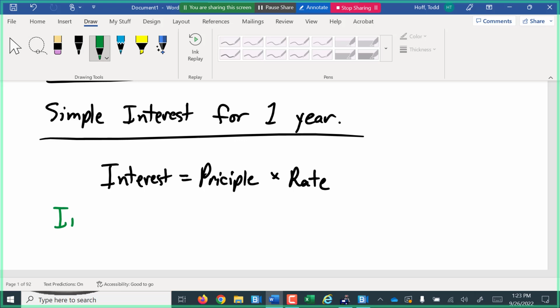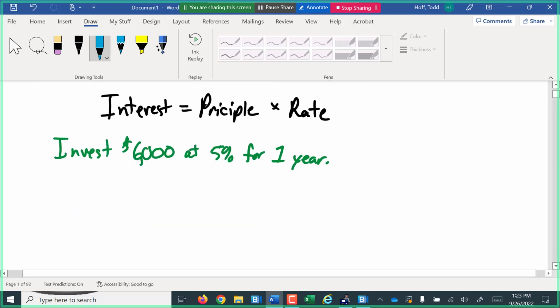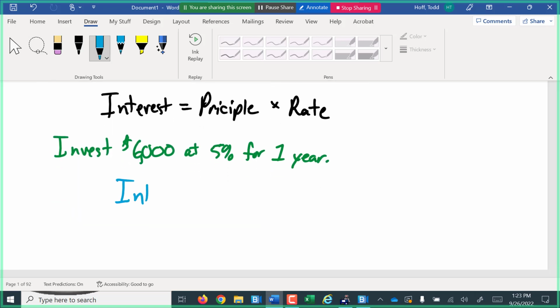So let's say that you invest $6,000 at 5% for 1 year. Your interest, what number up there is the principal?